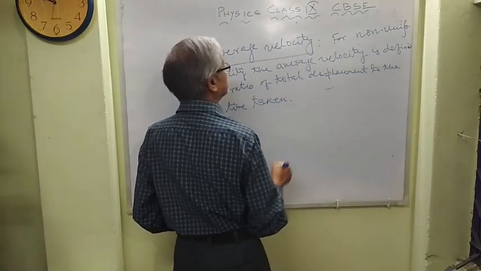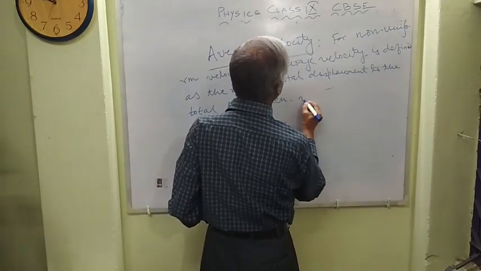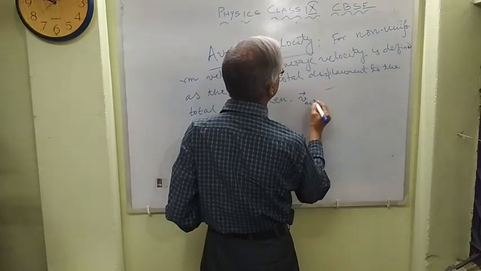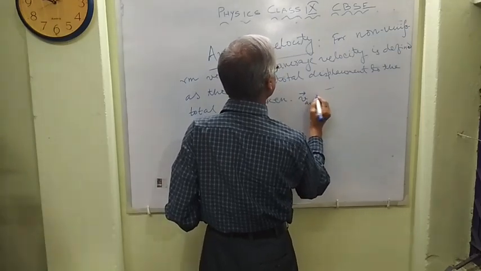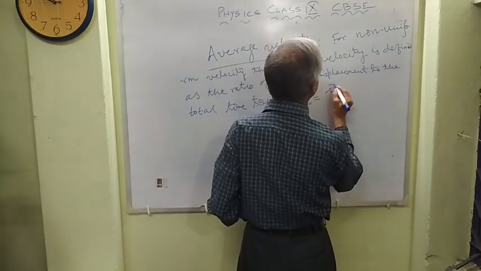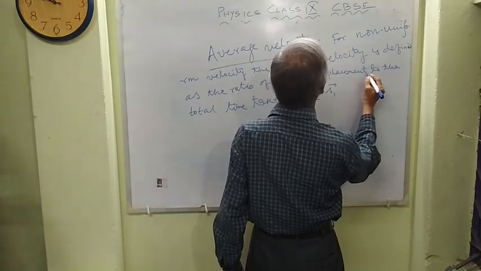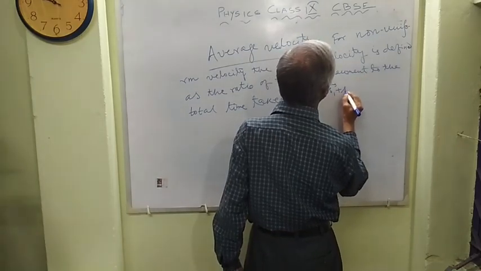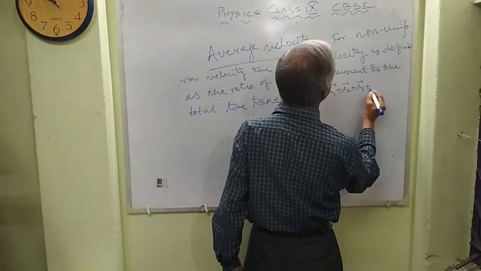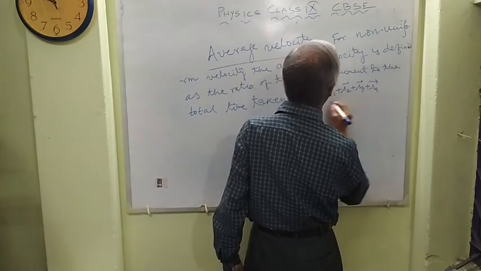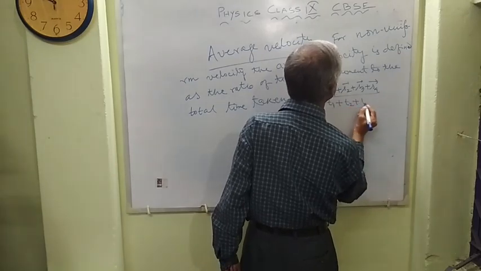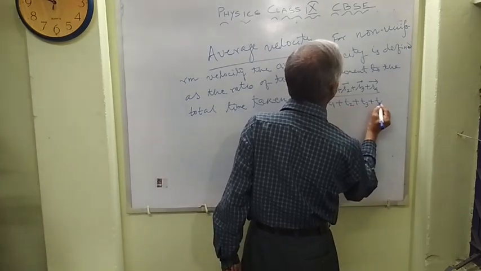Now, the average velocity is written in this way, V average, and it is written as total displacement S1 plus S2 plus S3 plus S4 etc., by total time taken T1 plus T2 plus T3 plus T4.